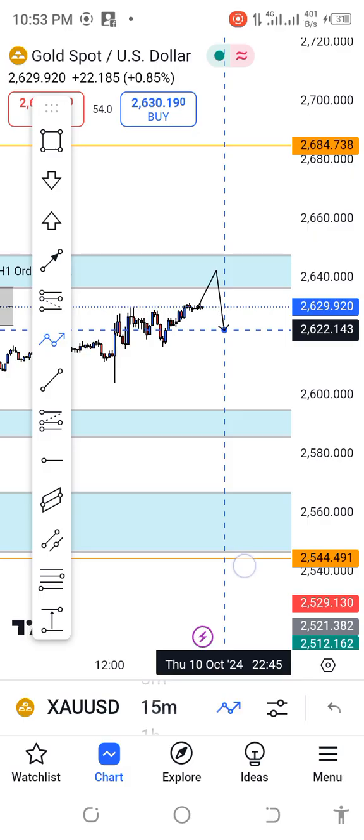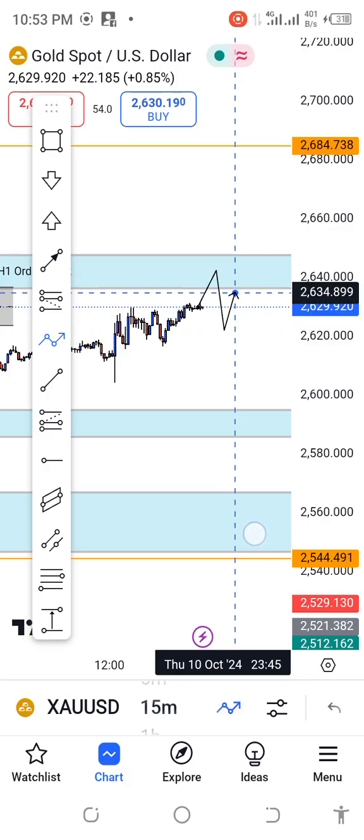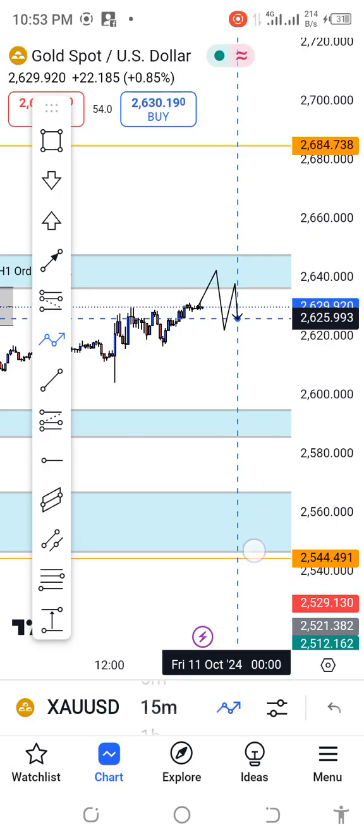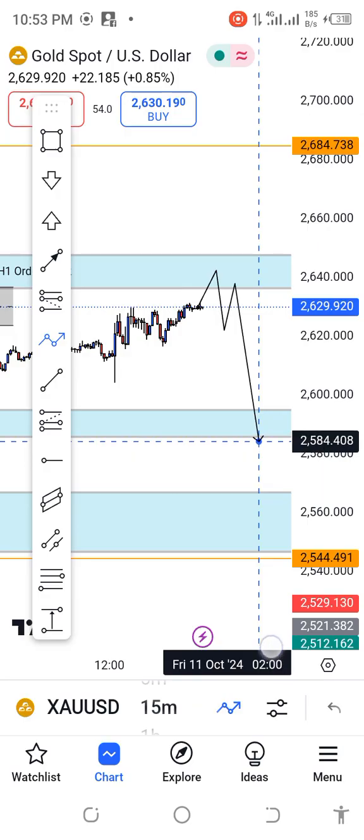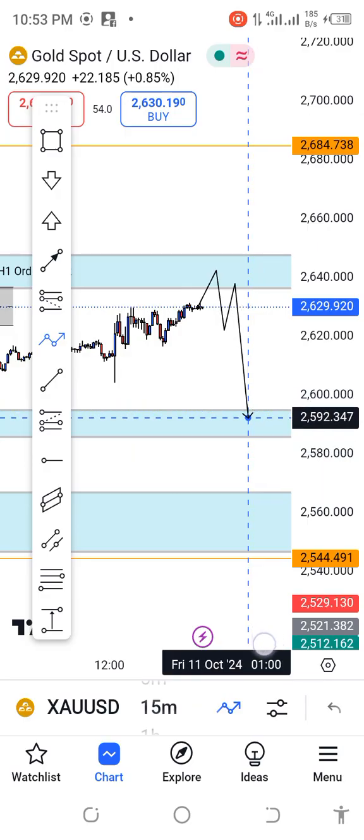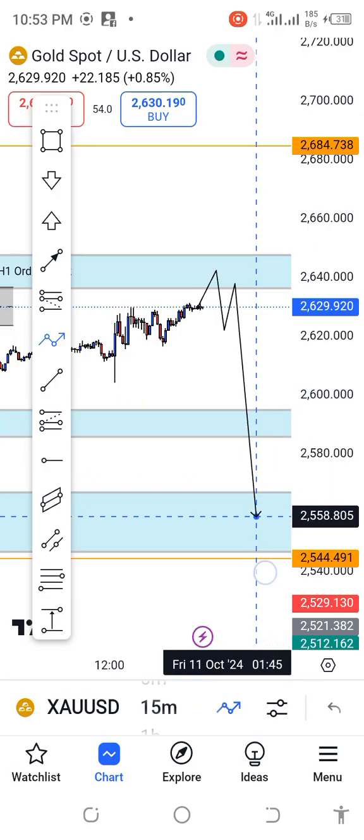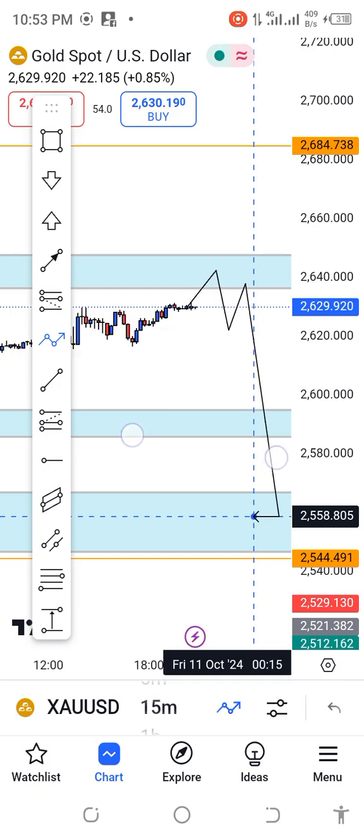Can you see? It created a market structure shift. It retraced, it came back here. Then once it comes to this part here, I'll enter at that order block, or I come back to this other part here and I'll do my take profit.